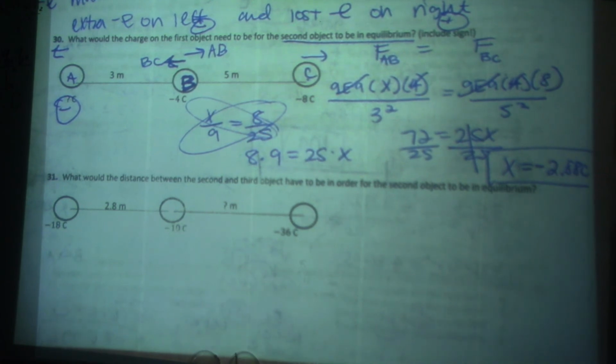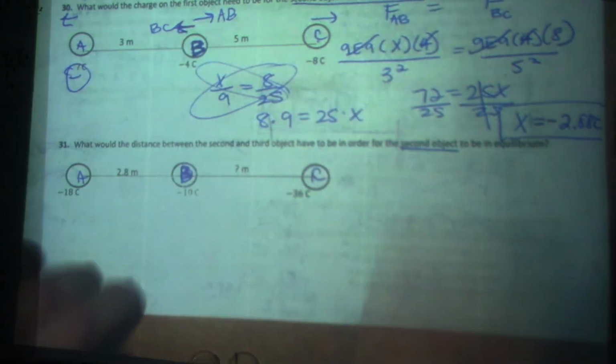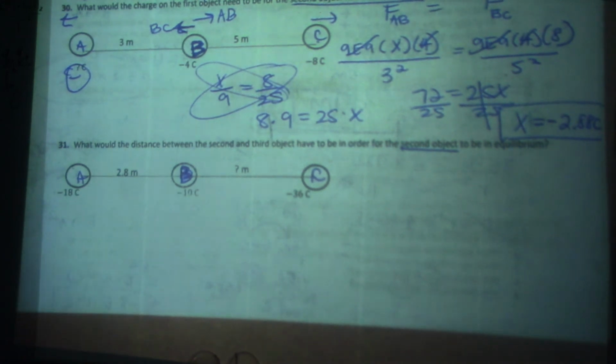Distance between the second and the third object in order for the second object to be in equilibrium. So again, we're looking for B in equilibrium. We don't need to worry about signs here because we're not looking for charge, we're just looking for distance. So we'll set AB equal to BC again.